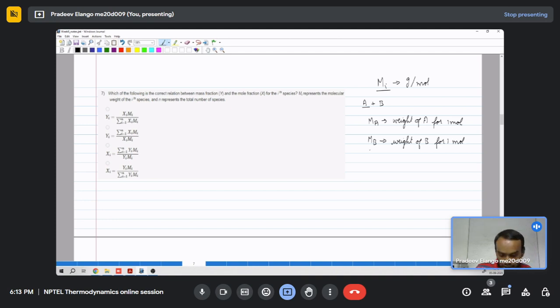Now if I multiply with the mole fraction xi, so xi says the number of moles of A for 1 mole of mixture.